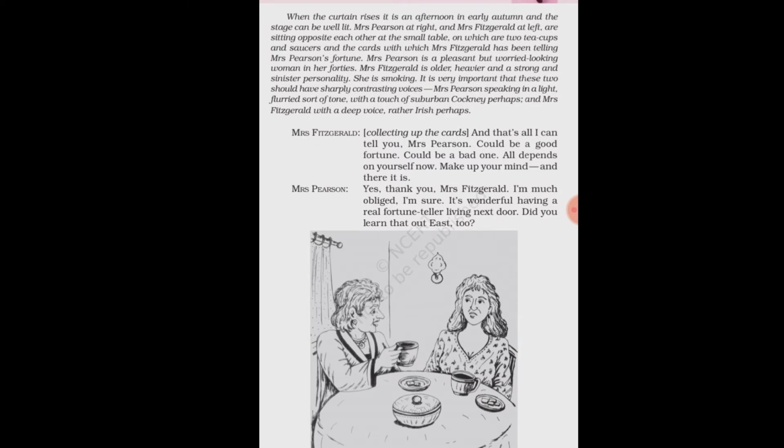Let us continue. When the curtain rises, it is an afternoon in the early autumn, and the stage can be well lit. Mrs. Pearson at right and Mrs. Fitzgerald at left are sitting opposite each other at the small table, on which are two teacups and saucers and the cards with which Mrs. Fitzgerald has been telling Mrs. Pearson's fortune.